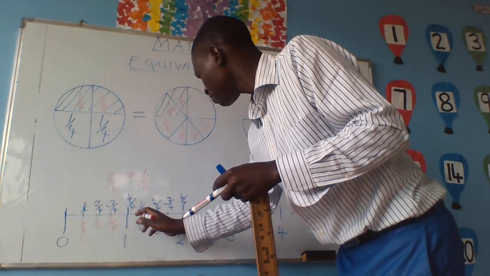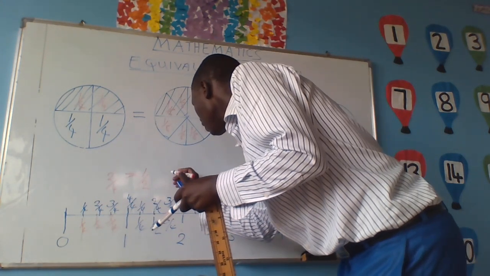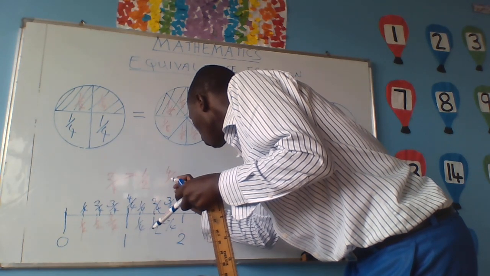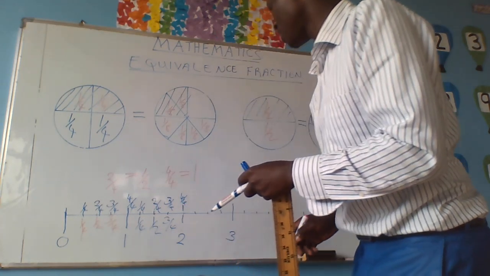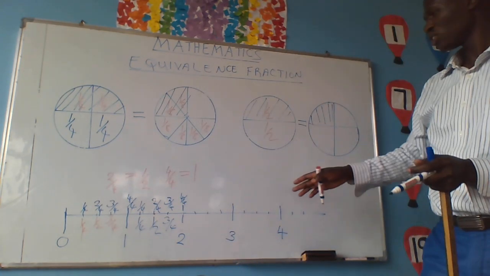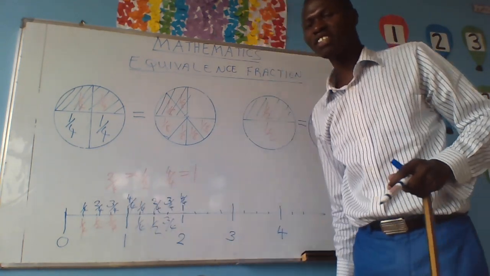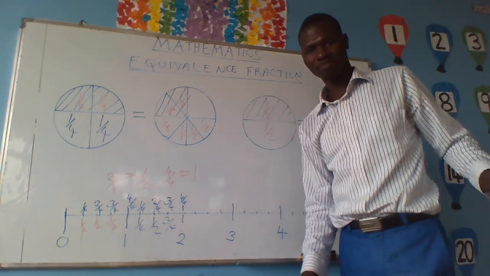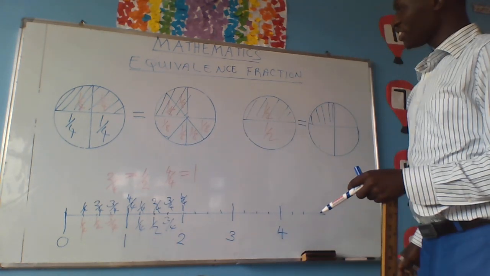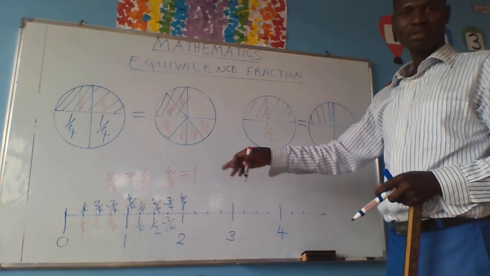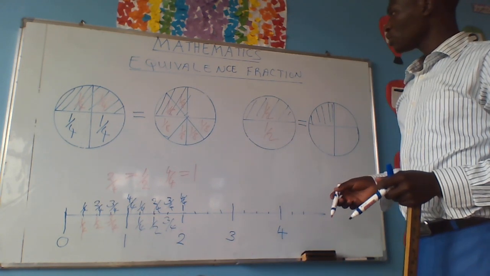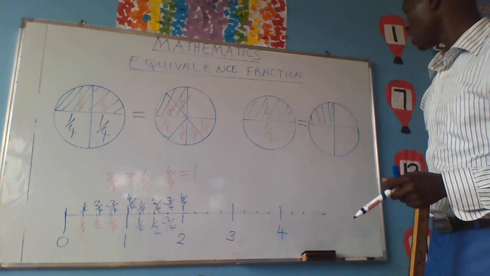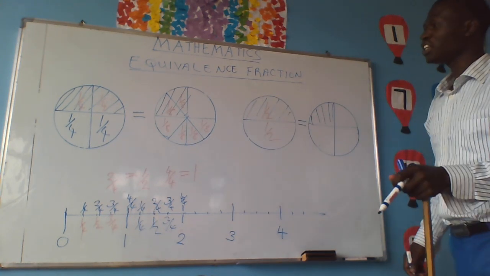The same for this one: 4/4 is equivalent to 1. Can you see how to find the equivalence fraction by using a number line? It's very simple. So this is the way to find the equivalence, even if it is 1.